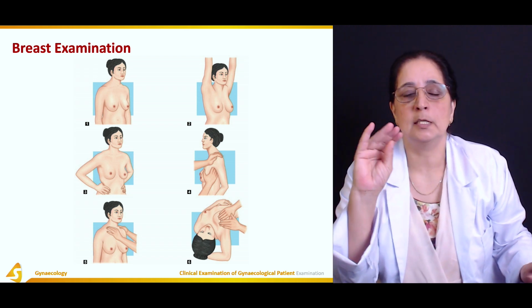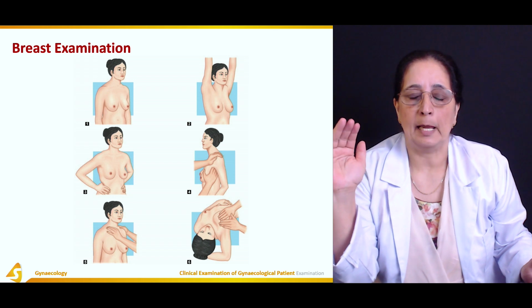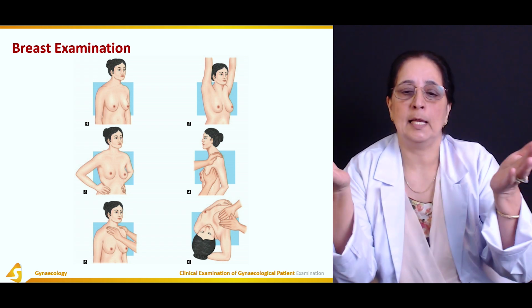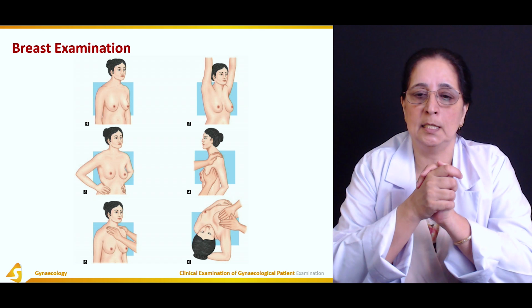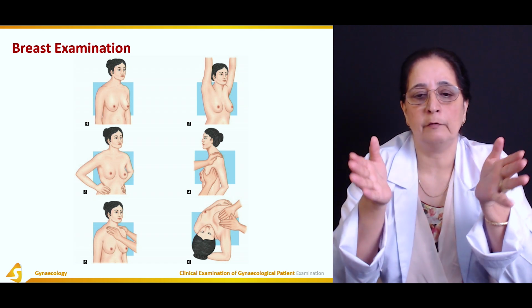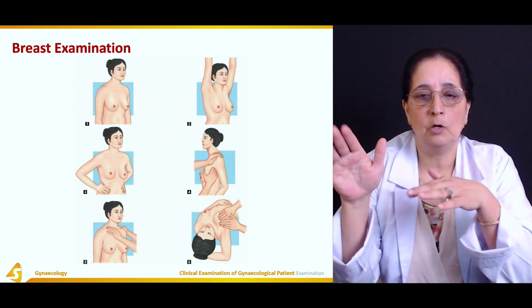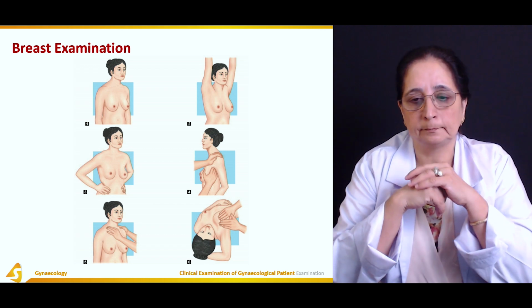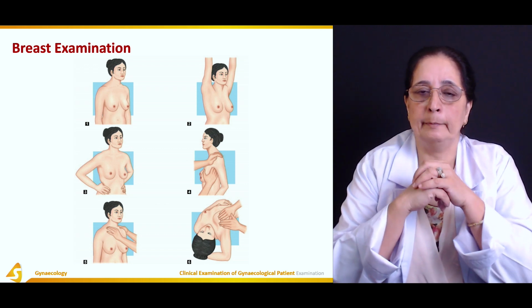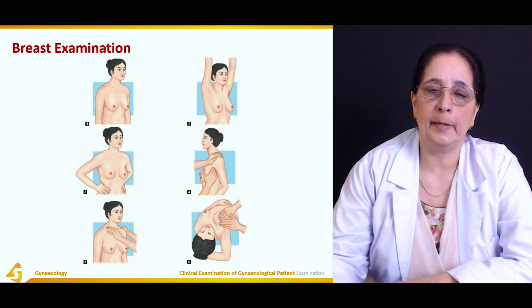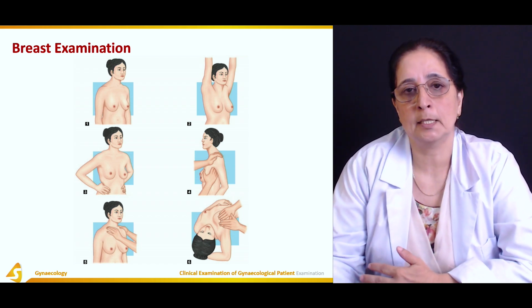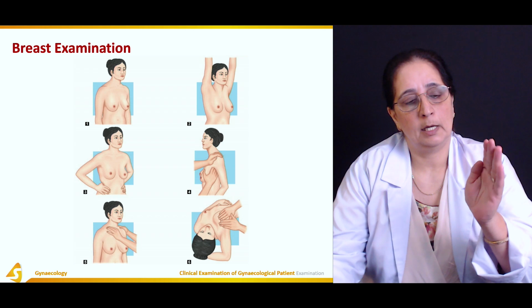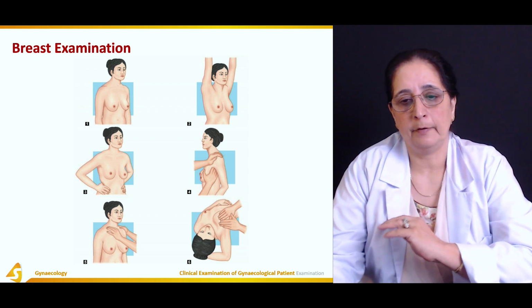The tips of the fingers are usually used for the palpation. And if somebody else is examining, in the doctor's office, it's easy. When the patient is positioning, the doctor can do the palpation. But in self-examination, if the patient is palpating the right side of the breast, use the tips of the fingers of the left hand.